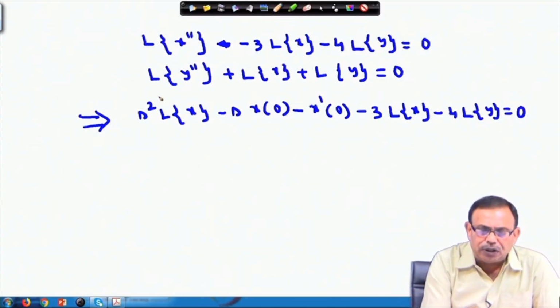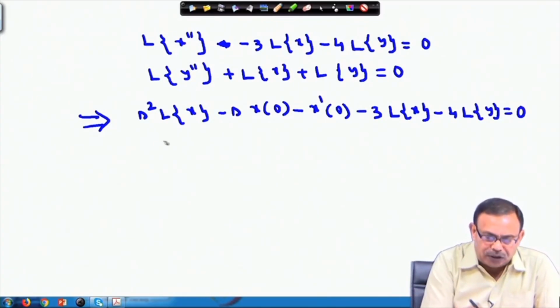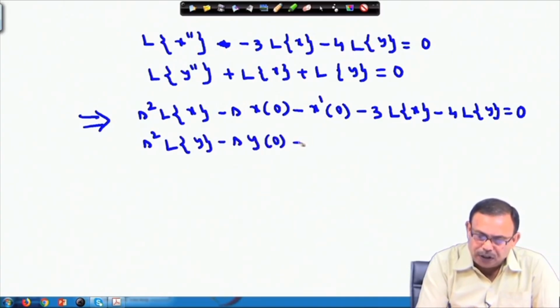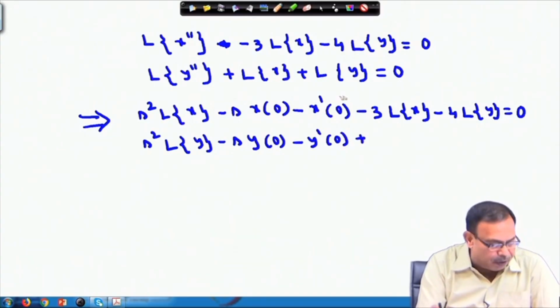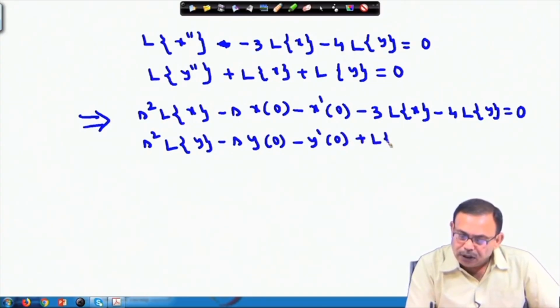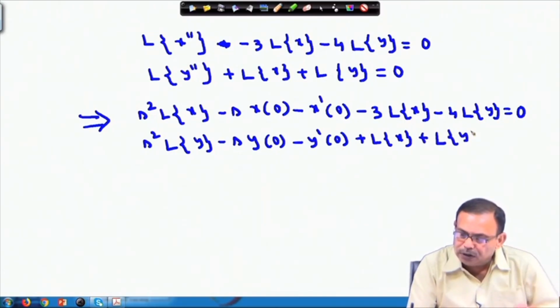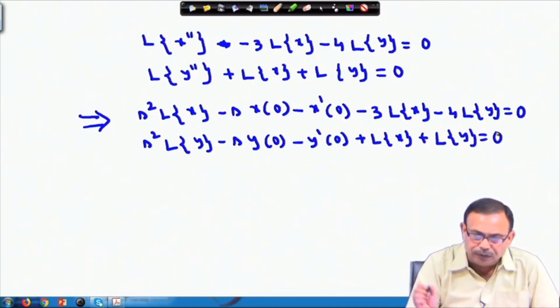For the second equation, similarly, Laplace transform of y double dash can be written as s square into Laplace transform of y minus s into y(0) minus y dash(0), plus Laplace transform of x plus Laplace transform of y, this is equal to 0, as given.